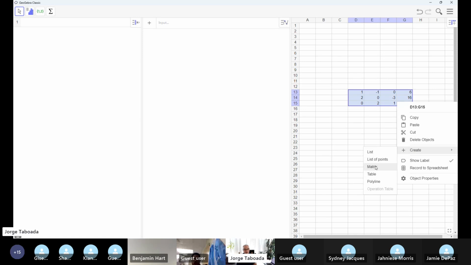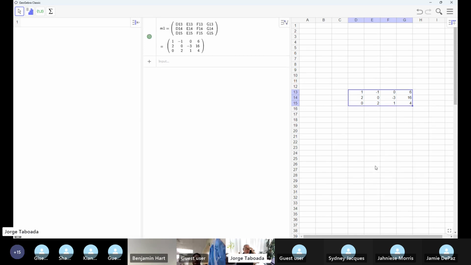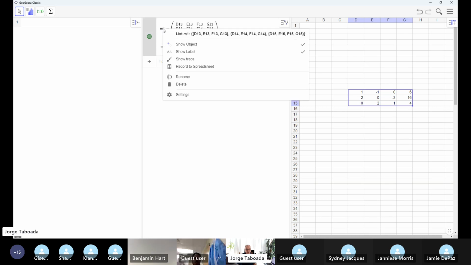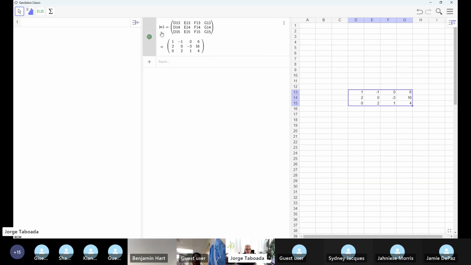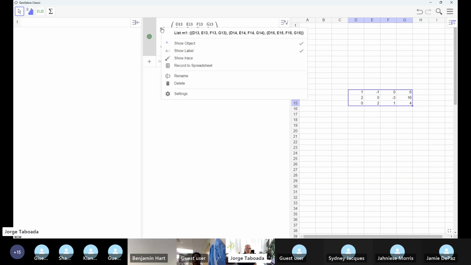When you click on matrix, automatically you see in algebra the matrix, which by default they call M1. But you can rename it if you want. I like M1, M2, M3, M4. When you have several matrices, it's a good idea. If you want to rename, you click on the matrix, specifically on the name, and you select the option rename.